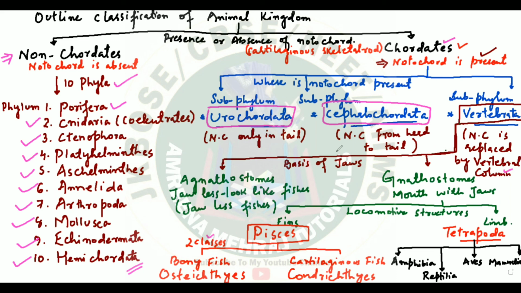Now, vertebrates have been divided into two categories. One is Agnatha, another is Gnathostomata. As far as Agnatha are concerned, they are jawless animals. They look like fishes, which is why you call them jawless fishes. Gnathostomes have a proper mouth with jaws.